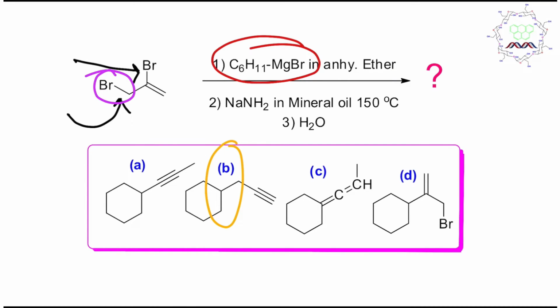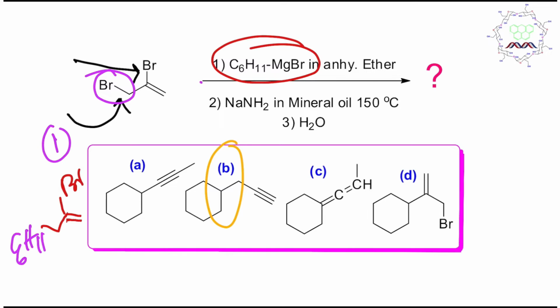So if you understand that, obviously cyclohexyl attachment will happen, point number 1. And in this case I suggest to students, please write the intermediate product, and it will make your life easier.